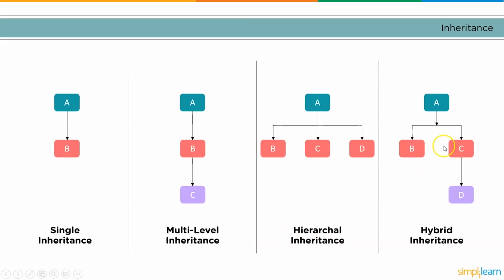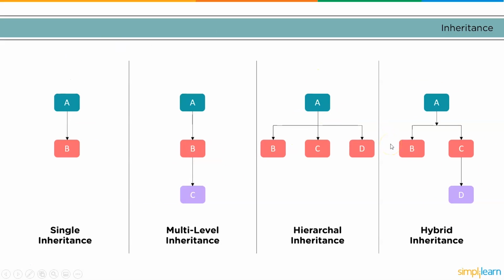At the first level, there is hierarchical inheritance: B and C are inheriting the same property from A. In the next level, there is single inheritance between parent class C and child class D. And if you consider the relationship between parent class A, child class C, and child class D, then there is multi-level inheritance. So this inheritance is a combination of all three.